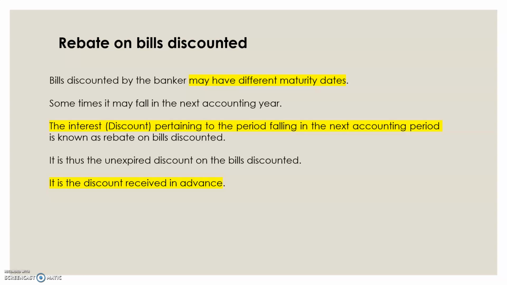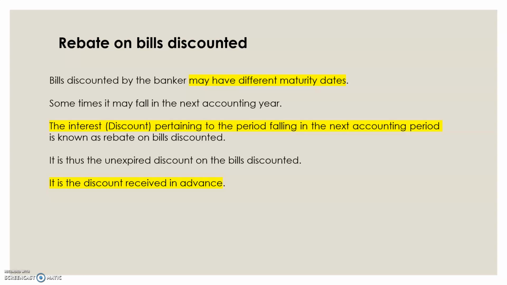The bills discounted by the banker may have different maturity dates. As long as the maturity dates fall within the accounting year, there is no problem. But the problem arises when a part of the period of the bill falls in the next accounting year.